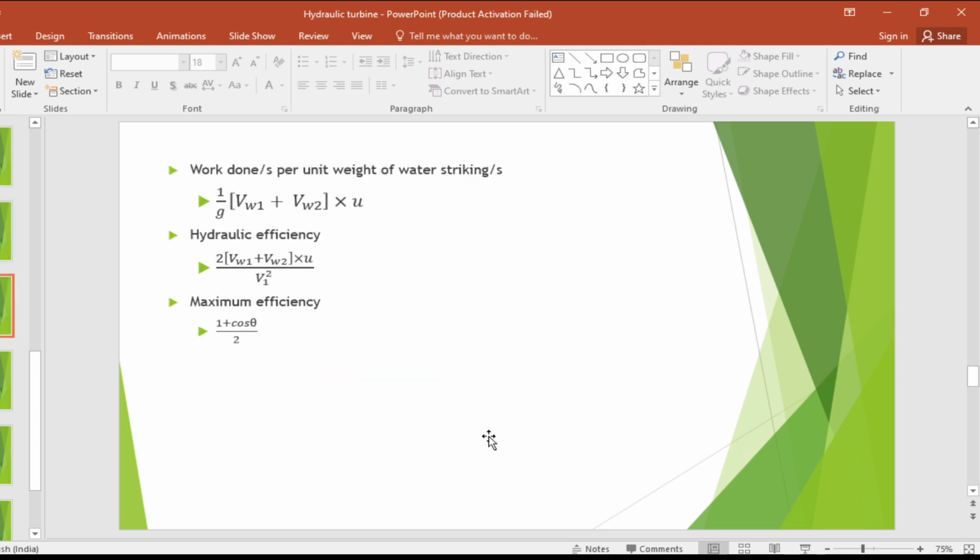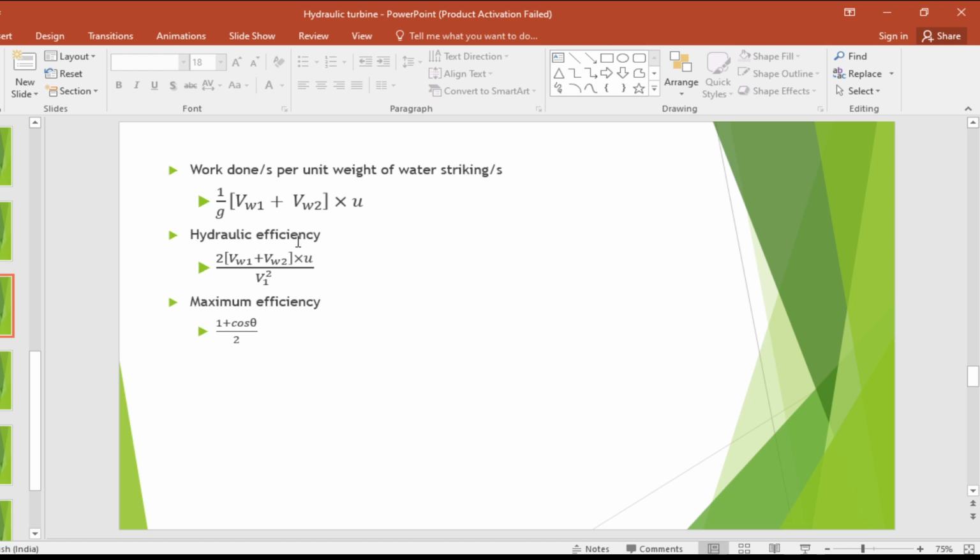Here is the work done phenomenon for the turbine. The formula for work done per second per unit weight of water striking per second equals 1 by g of (Vw1 plus Vw2) into u.